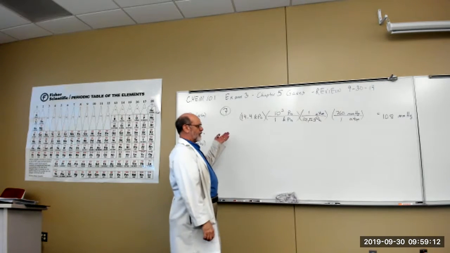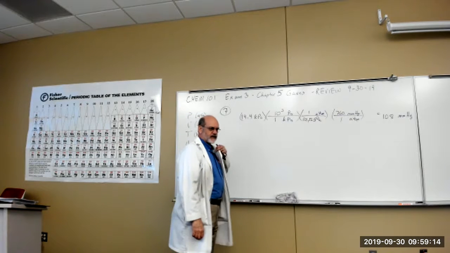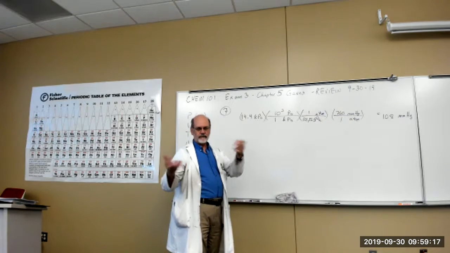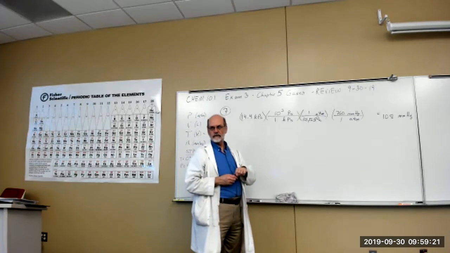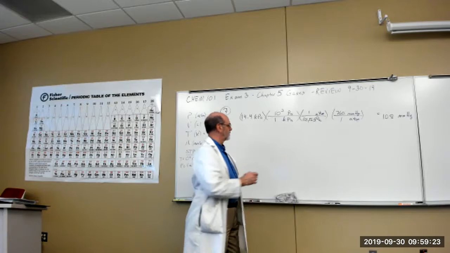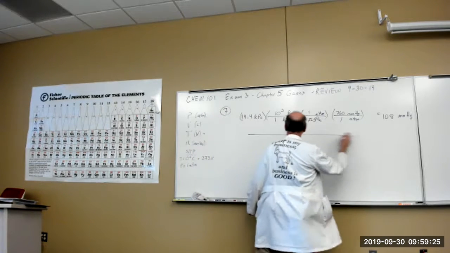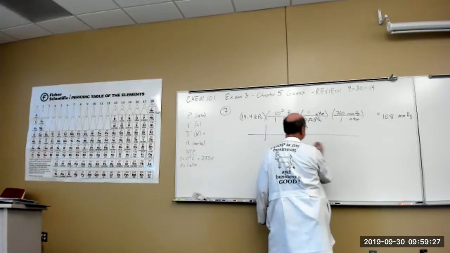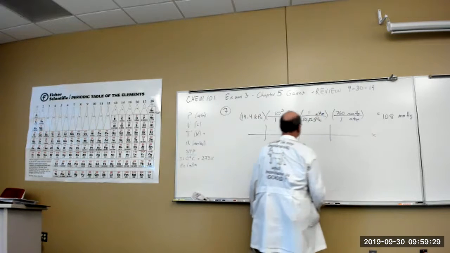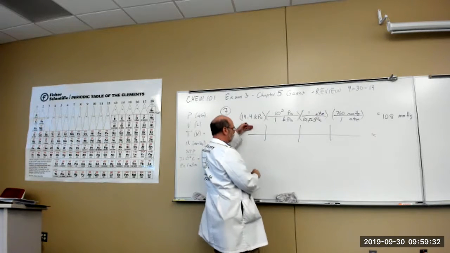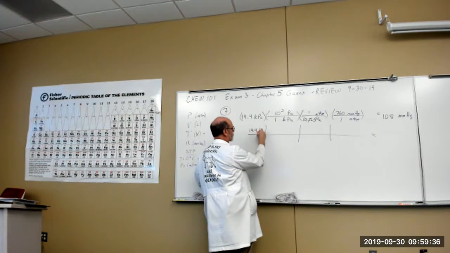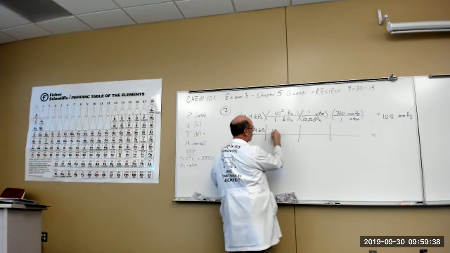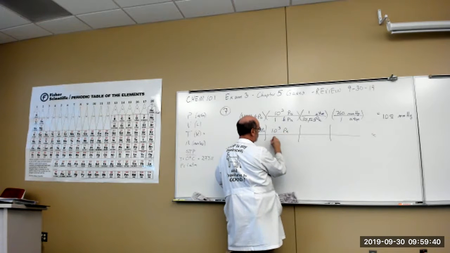Now, I have some students occasionally, I haven't heard that from many of you, but some students like to use the picket fence. You know what the picket fence is? So this keeps your numerator away from your denominator. So this would put 14.4 up here, and that would put this one up here, and this one down here.